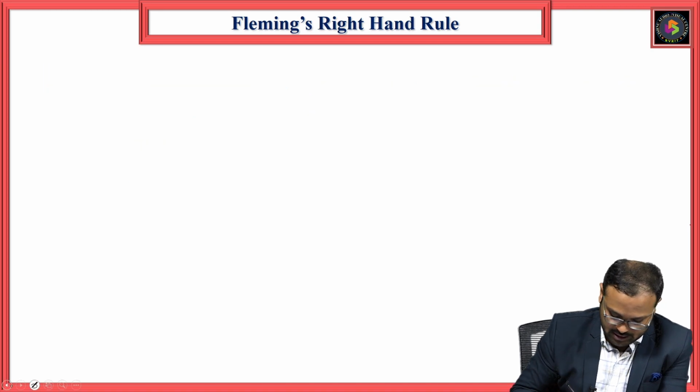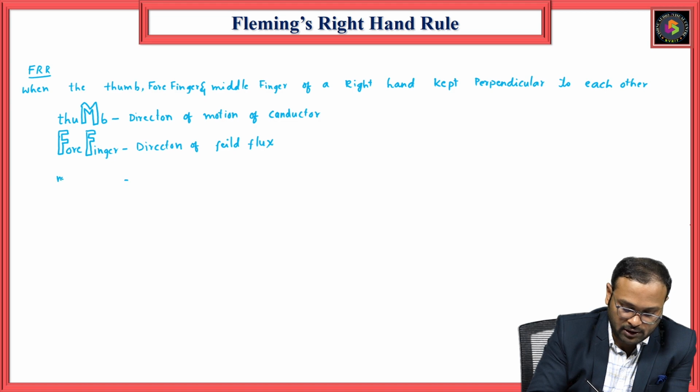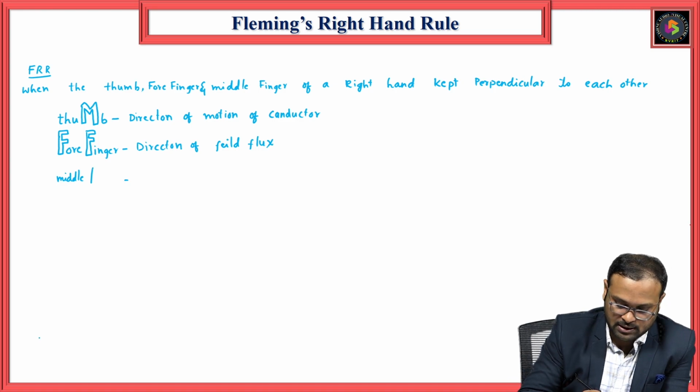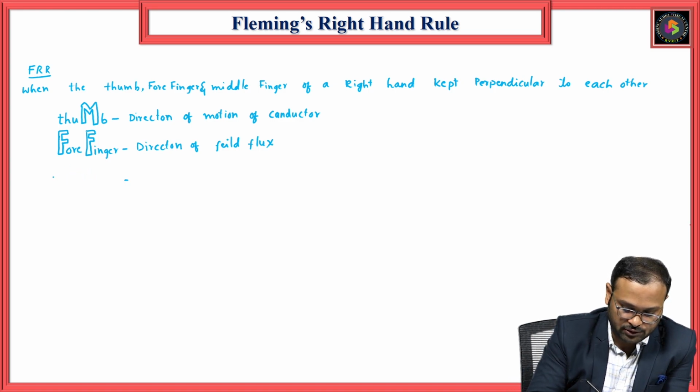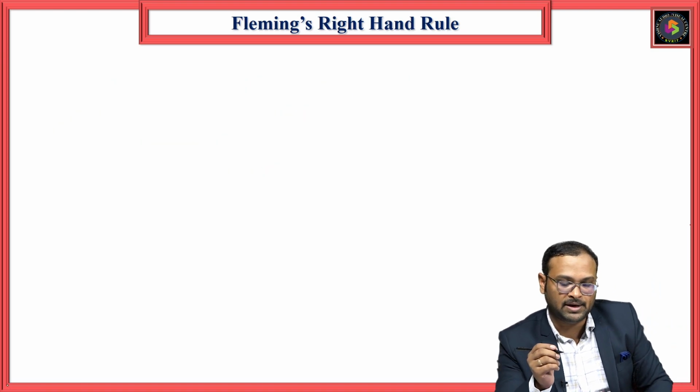The middle finger. If you keep these two in the direction of the motion of the conductor and the direction of the field flux, the middle finger will show the direction of current. So that is Fleming's right hand rule.